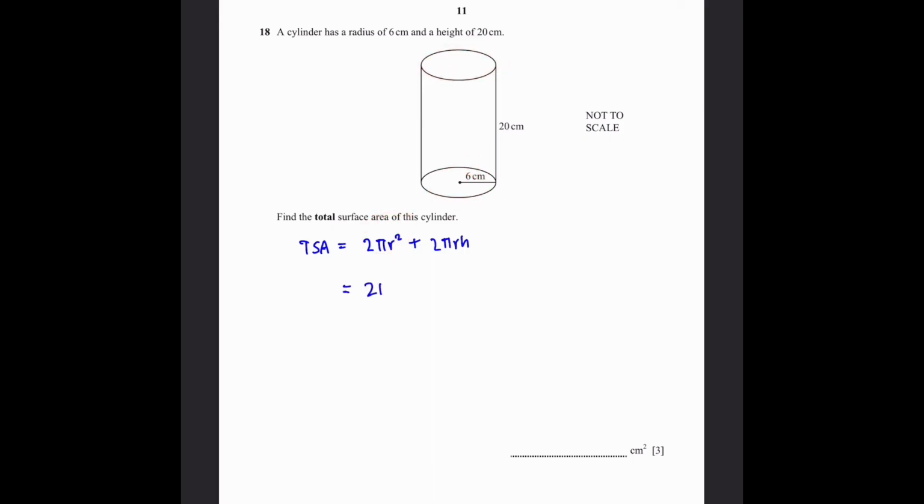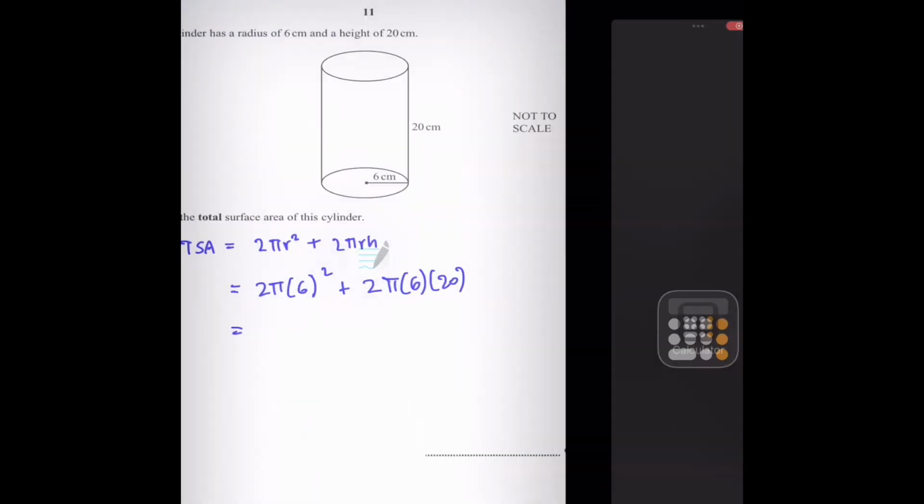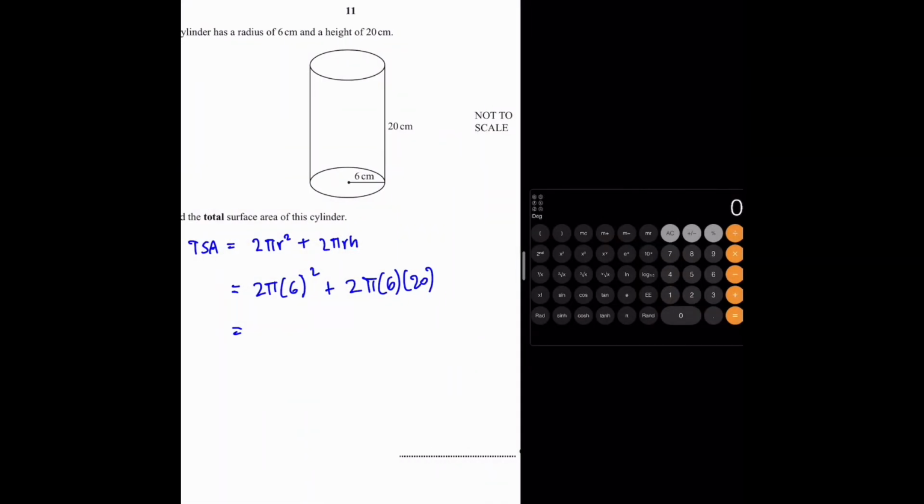So that'll be 2 pi into 6 squared plus 2 pi into 6 into 20. And let's get our calculator out. There we are. So 2 into pi into 36, because that's 6 squared, is equal to 226.195.